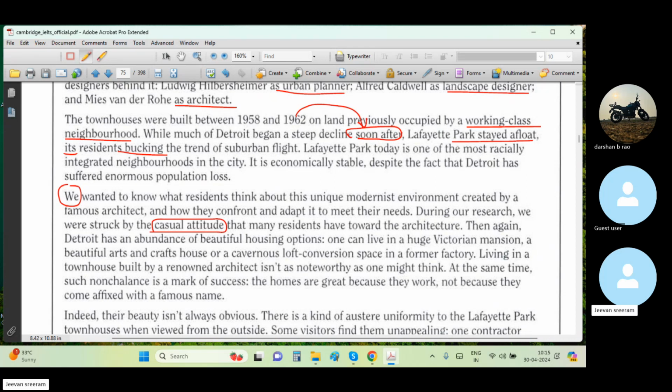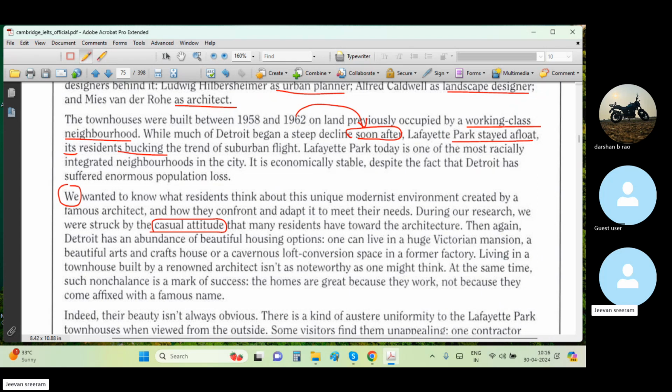But the residents had a casual attitude. So the author is coming up with an idea that there are multiple options to live in Detroit. Living in modernist townhouses may not be as great as one would think.